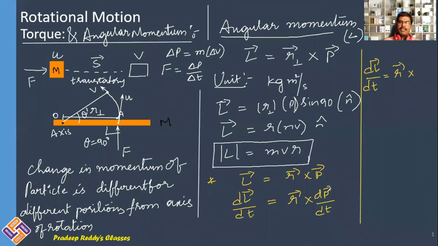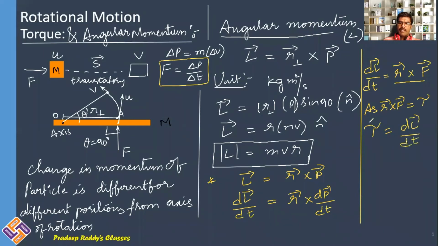What is dP by dt? dP by dt is nothing but force F, so I can write it as F bar. R bar cross F bar is equal to torque. So torque tau is equal to dL bar by dt. This is the relation between torque and angular momentum.